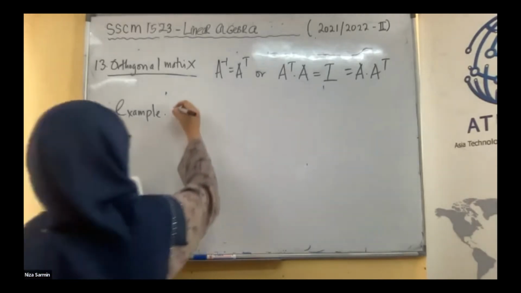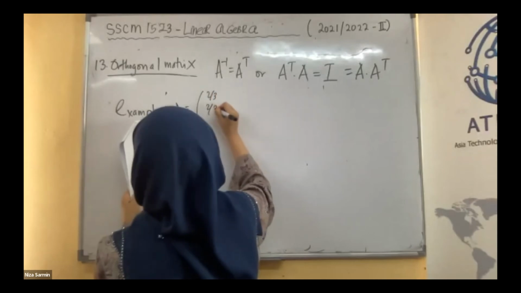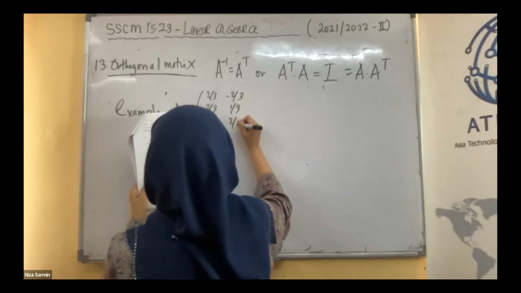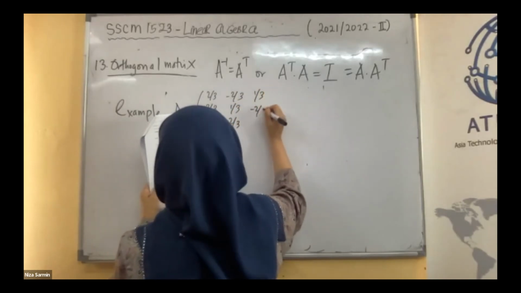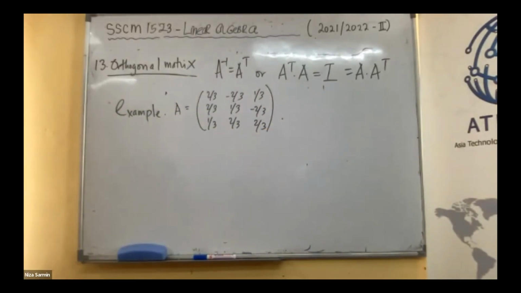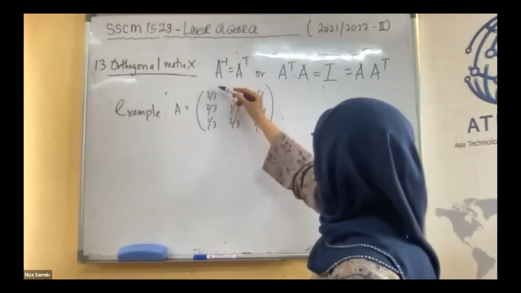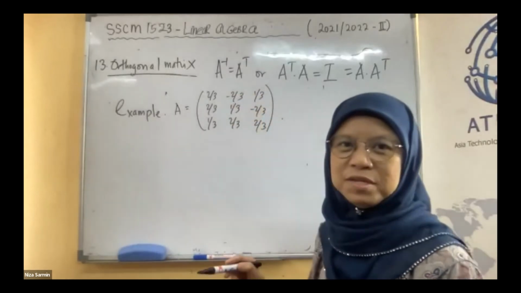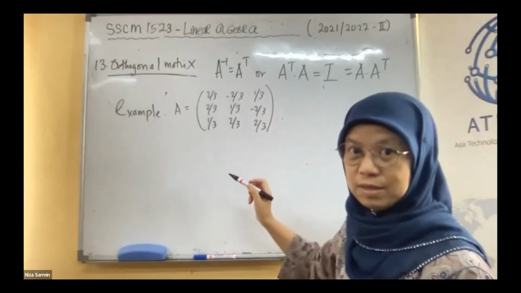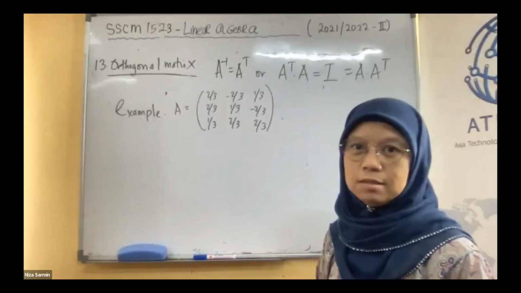A is 2/3, 2/3, 1/3, negative 2/3, 1/3, 2/3, 1/3, negative 2/3, 2/3. So this is your first vector, the second vector, the third vector. All right, so let's try and do this both ways.